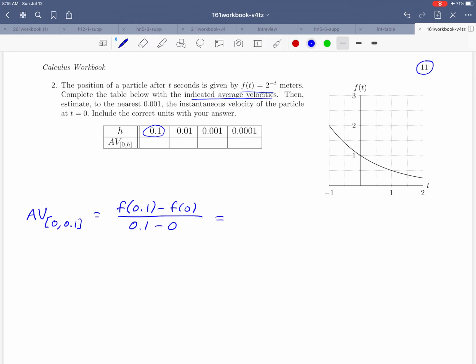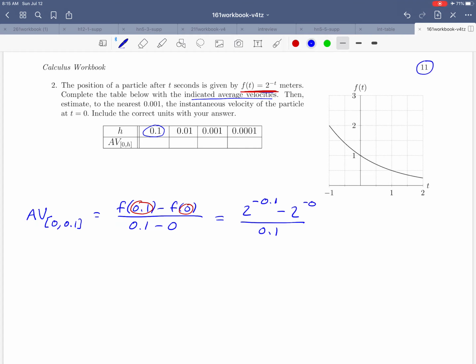Okay, and how do we do that calculation? Well, 0.1 is an input value. It's a value of time. And so we're just going to take that 0.1 and substitute it into our function for t. So we're going to get 2 to the negative 0.1. We just took the 0.1 and substituted it in for t. And then f of 0, same deal. That's going to be 2 to the minus 0 if we substitute it in.